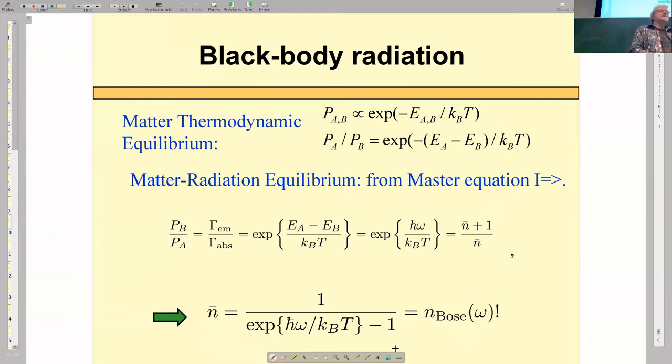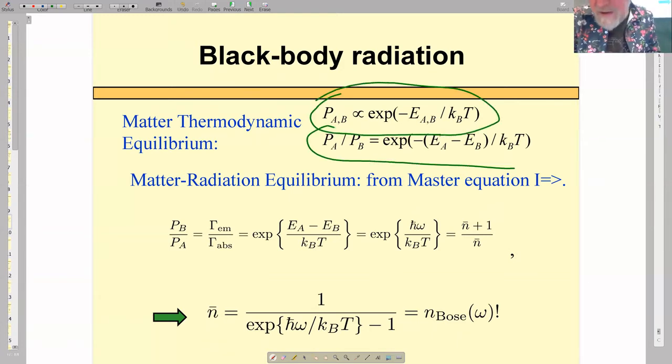So it's about thermodynamics. About thermodynamic equilibrium. So matter is in thermodynamic equilibrium, and that means the following: these probabilities to be in A, B are not arbitrary. They are related to the energies of the states and temperature. So we know already the answer for the probabilities, right?